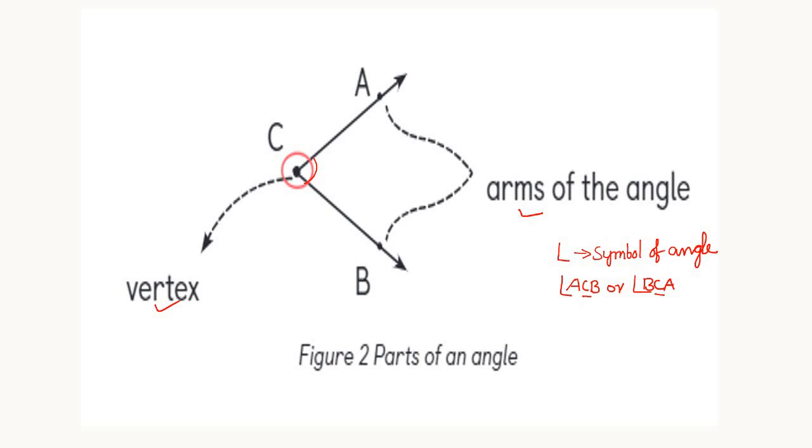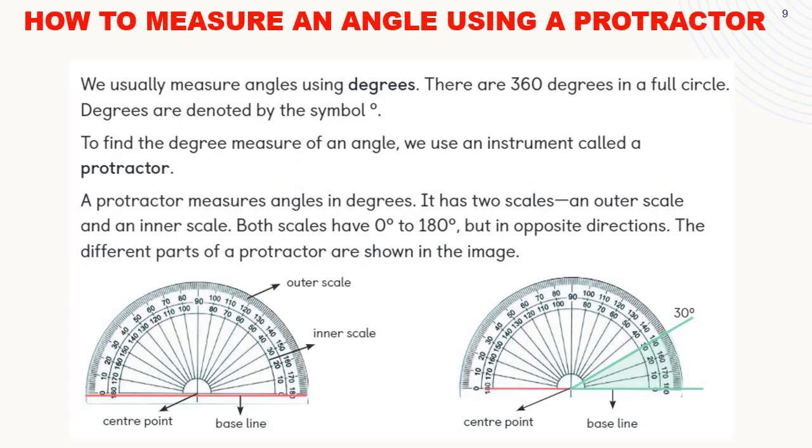Now, how to measure this angle, children? Do you know how to measure this angle? There is a tool which is used to measure this angle. Shall we see? See, how to measure an angle. We measure an angle using a protractor.